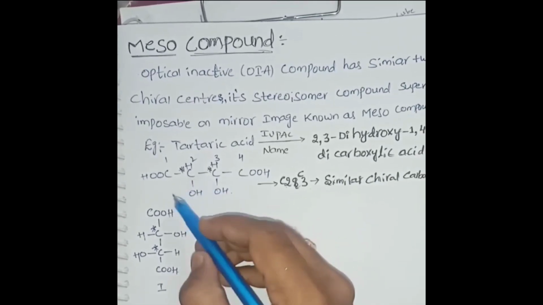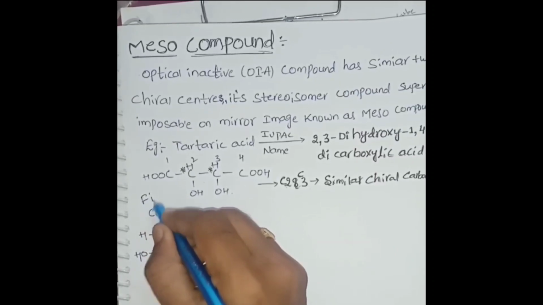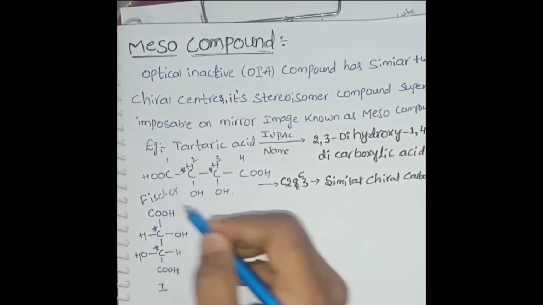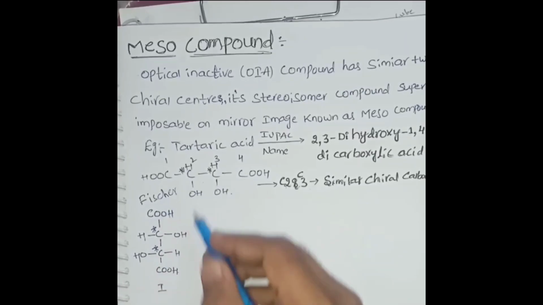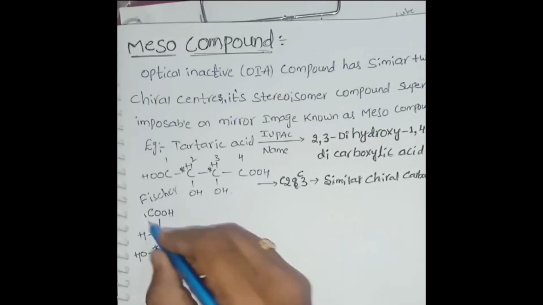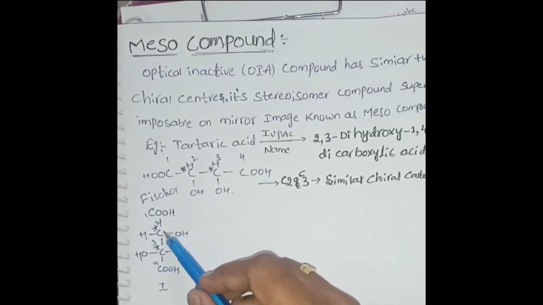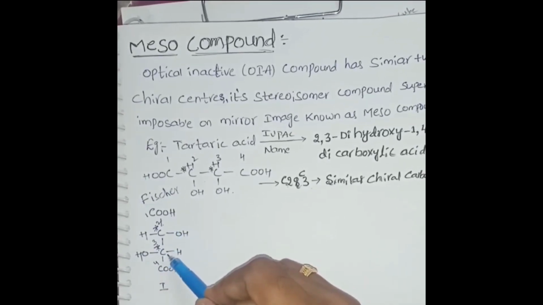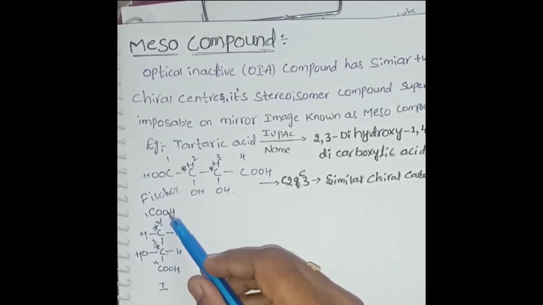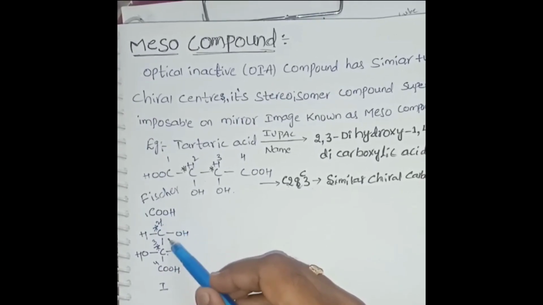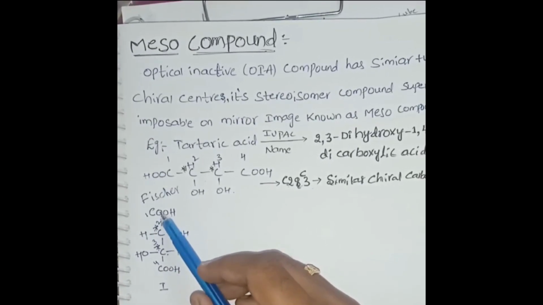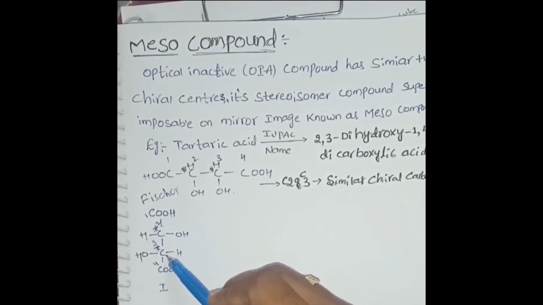So I have written the Fischer projection for the tartaric acid. This is the first carbon, this is the second, third and fourth carbon. The second carbon and third carbon are similar chiral centers. A chiral center is one which is attached to four different groups.